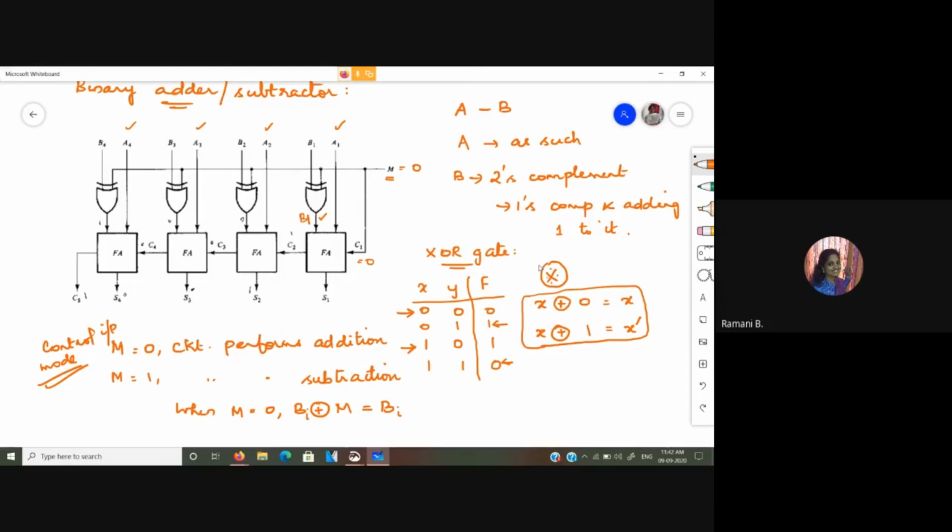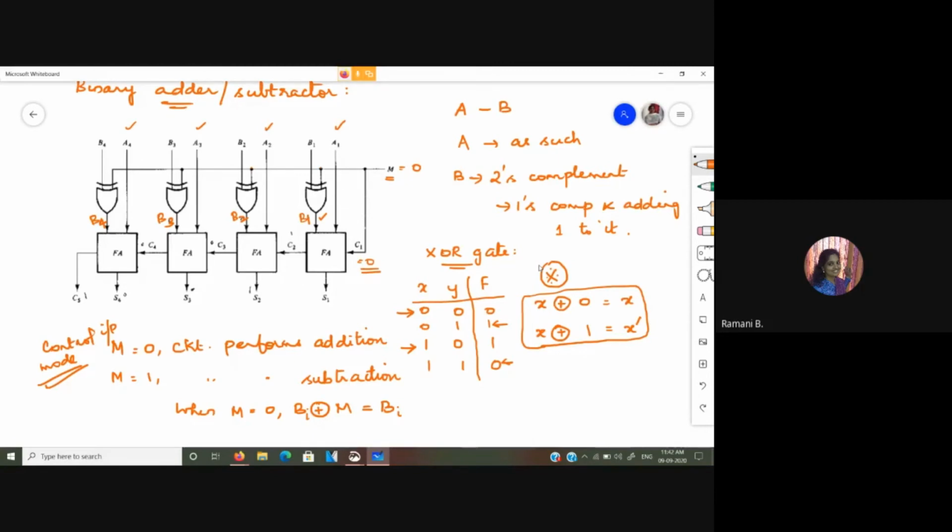So B2 XORed with M equal to 0 will give me B2. Here I will get B3 and here I will get B4. So this is like directly performing the normal binary addition, the first circuit we saw. There also we considered the input carry to be 0.